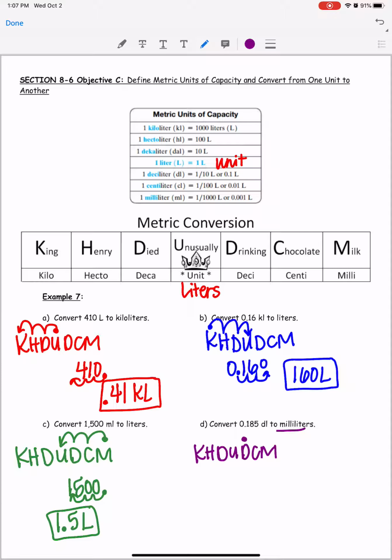And I need to go to milliliters, which is here. So you're going to go over 1, 2 units. So 0.185, we're going 1, 2 units over. This is the same as 18.5 milliliters.